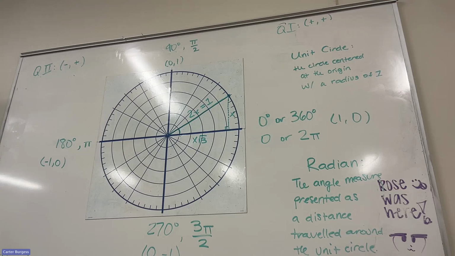If 2x, my hypotenuse, is 1, what is my short side x going to be? 1/2. And what is x times the square root of 3 going to be? Root 3 over 2.